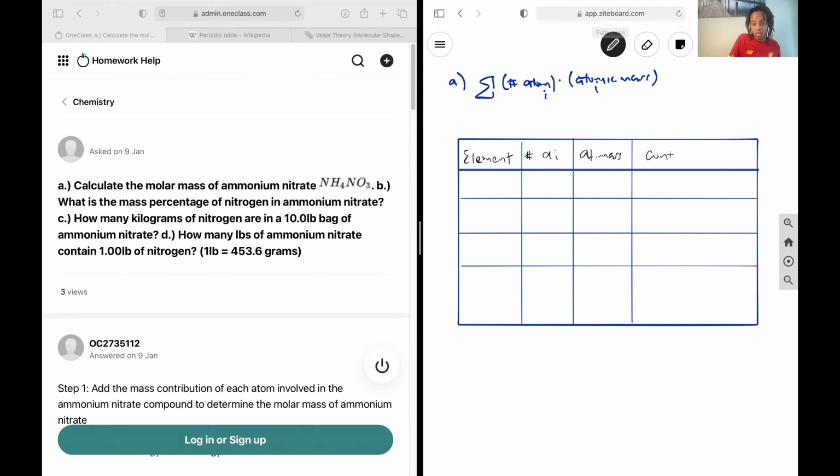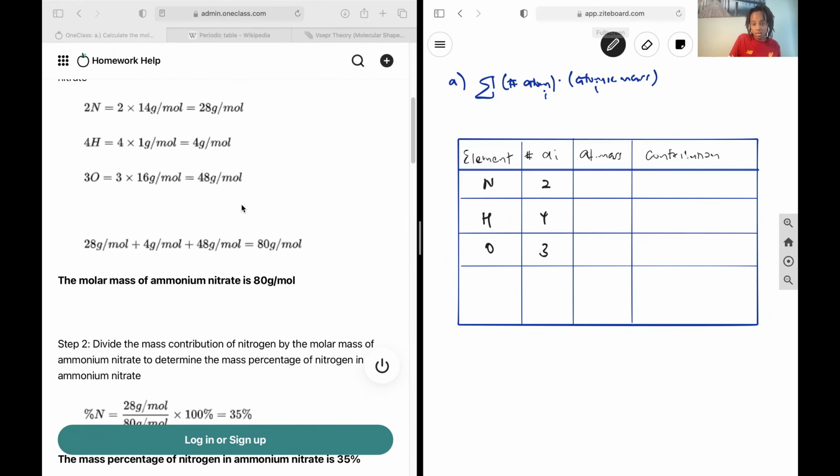And then that is going to multiply to become its contribution. First we have nitrogen, hydrogen, and oxygen. The number of nitrogen, 2. Number of hydrogen, 4. Number of oxygen, 3. The specific atomic masses, you can find them easily on Google. We're just going to put down 2 0 decimal places.